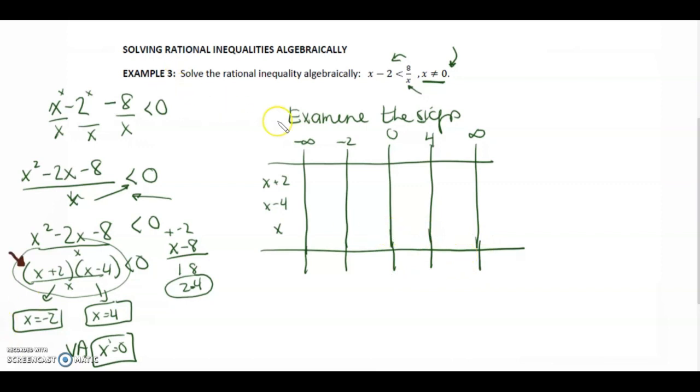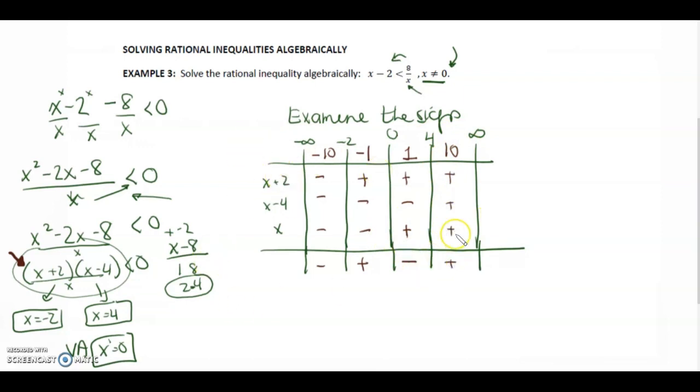Let's choose negative 10 between negative infinity and negative 2: negative, negative, negative, we get negative. Negative 2 to 0, let's go negative 1: plus 2 is positive, negative, negative, so we get positive. 0 to 4 is 1: positive, negative, positive, so we get negative. 4 to infinity, let's do 10: positive, positive, positive, we get positive.